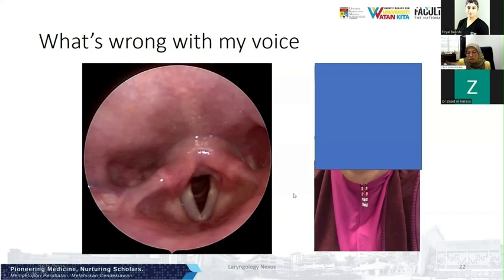So for me, she has roughness of grade 2. There's a strain component as well in her voice. And on the left-hand side, I'm going to play a video which is not using stroboscopy, white light, and it is not a video endoscope.